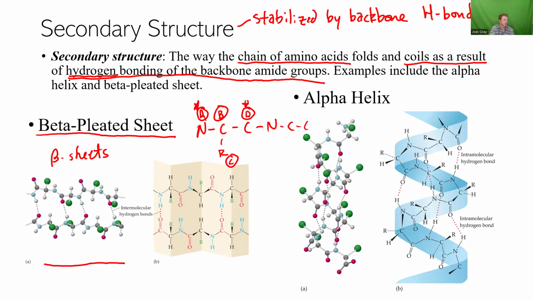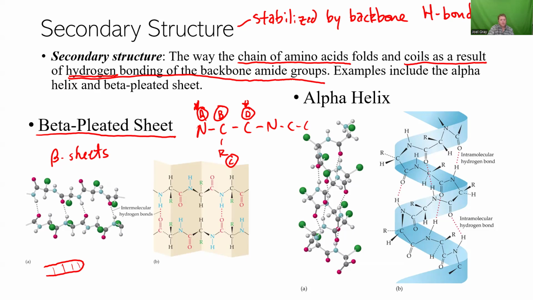Well, what's really going to happen is that molecule is going to kind of fold back on itself. And so you can have these elongated structures that look like a big sheet where we have hydrogen bonds that connect the strands of that molecule.